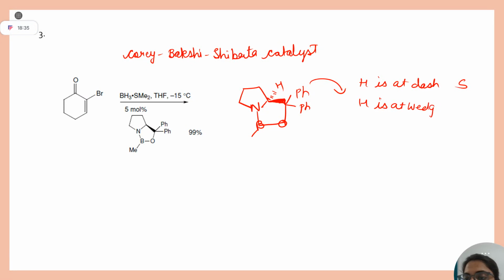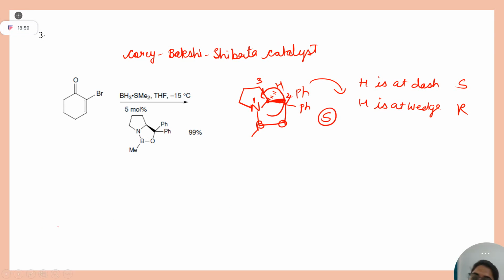We have other things to remember, right? So you can check the configuration here. How? First priority will obviously be nitrogen. Second will be this, third will be this. One, two, three. It is anticlockwise and hydrogen is at dash, so it is S only.